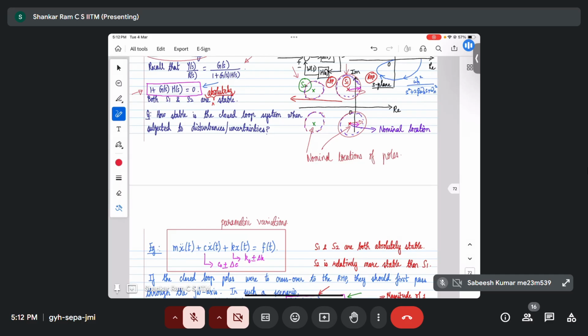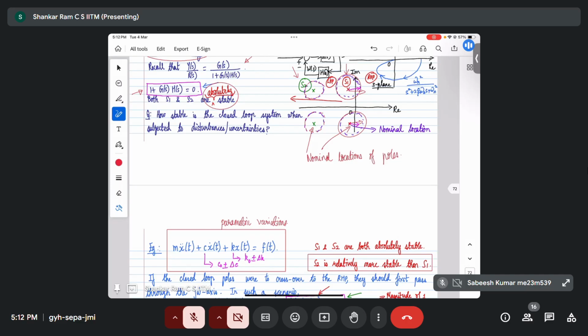Both systems S1 and S2 to begin with are what is called absolutely stable. That is absolute stability. But from this argument, we can immediately observe that S2 is relatively more stable than S1. What is relatively more stable?